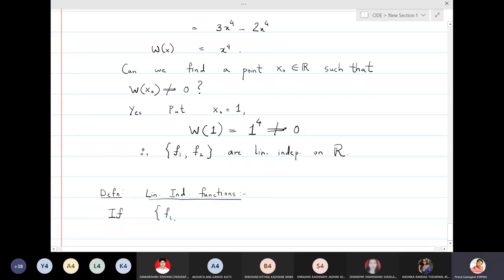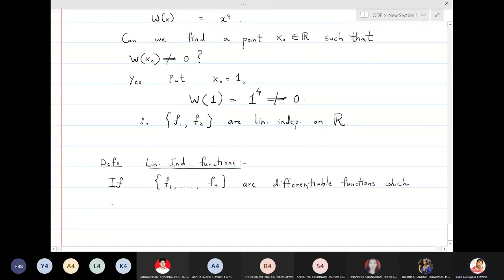If f1 up to fn are differentiable functions, which are solutions of some differential equation, a very important remark.